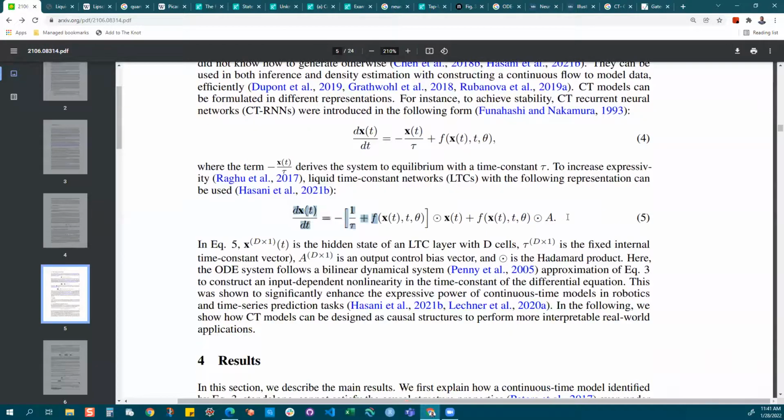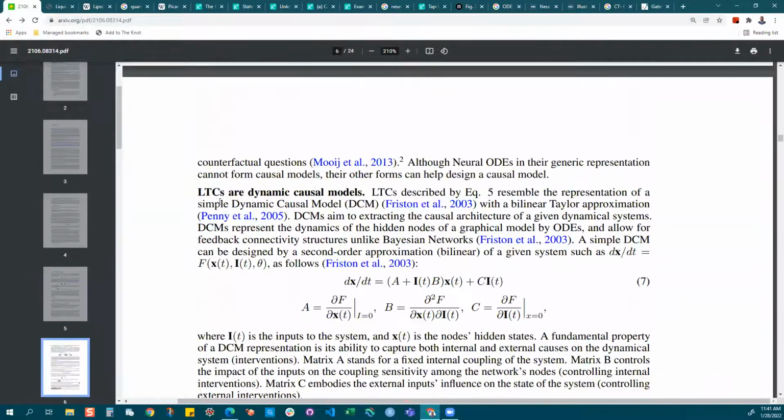And this is the equation for the hidden layer of this neural network differential equation. This is a type of dynamic causal model, and the definition for dynamic causal models is presented in this paper. And they say a bilinear Taylor approximation of dynamic causal models can be a liquid time continuous neural network.